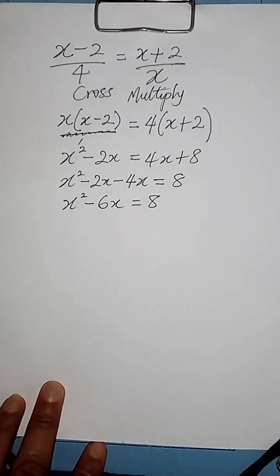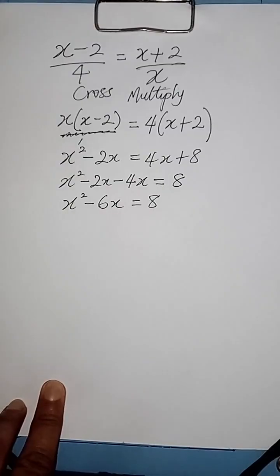Now, there's a reason why I left 8 at the right-hand side of the equation. Because if I take it to the left-hand side of the equation, I may be wanting to use the factorization method. But I realized that I cannot use the factorization method in solving the question. So when you cannot use the factorization method, then the completing the square method should come to mind, or the quadratic formula.